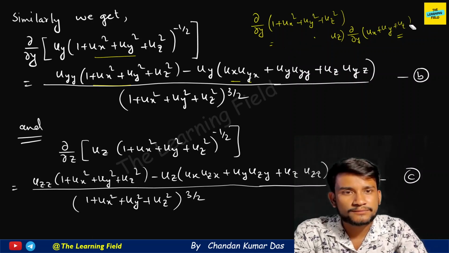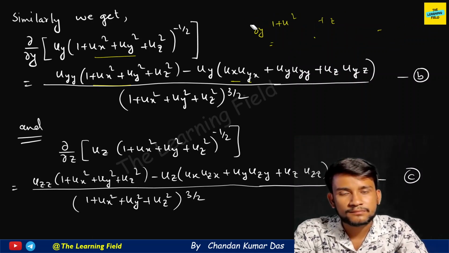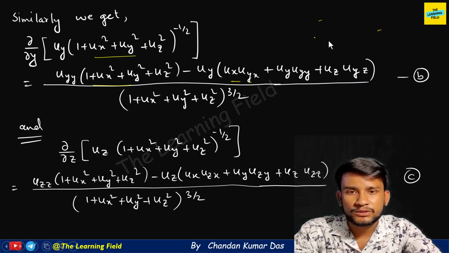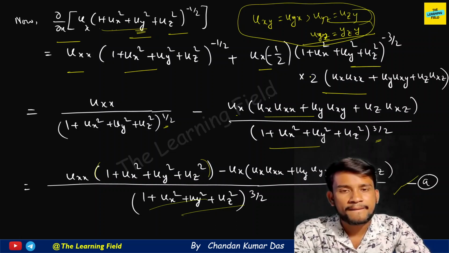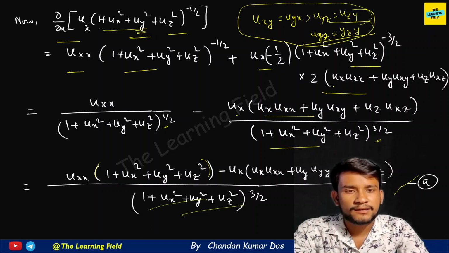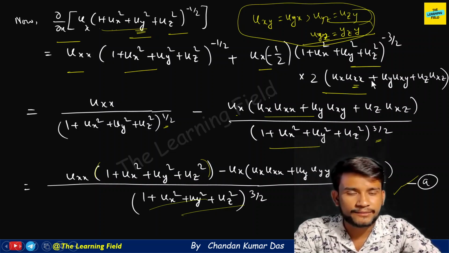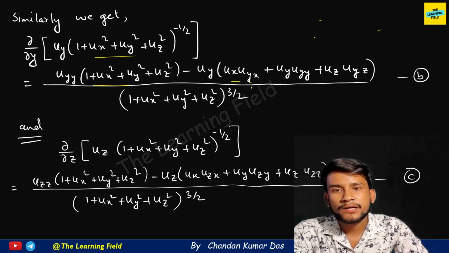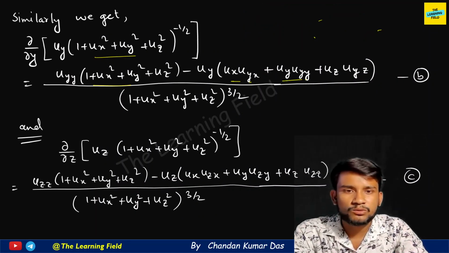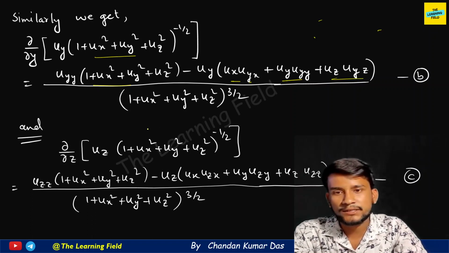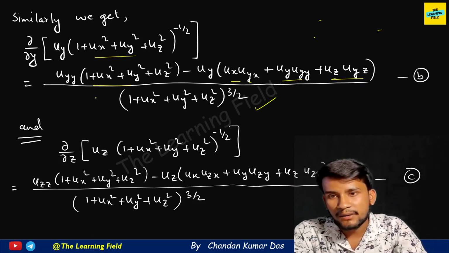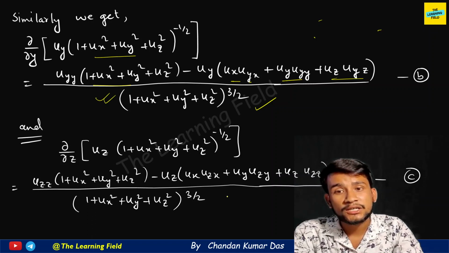ux square, sorry. If we see the first one, then 2ux into uxx, yeah, right. So this term will come: ux into uyx plus uyy plus uz into uyz, by this square; this term is common in the 3 terms.